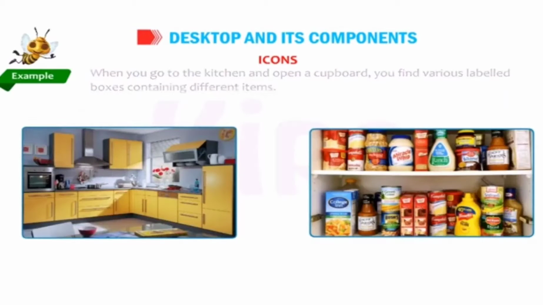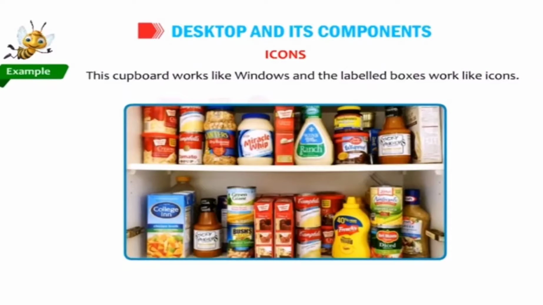See, if you go to your kitchen and open the cupboard, so many items are there labeled with different names on different boxes. In the same way, in a computer system also you can see different types of icons for different things. You can see clearly the picture is given to you on your screen.